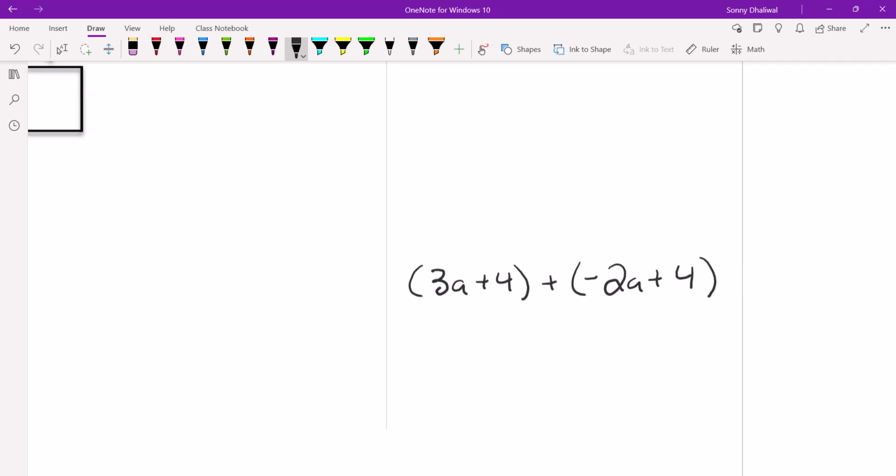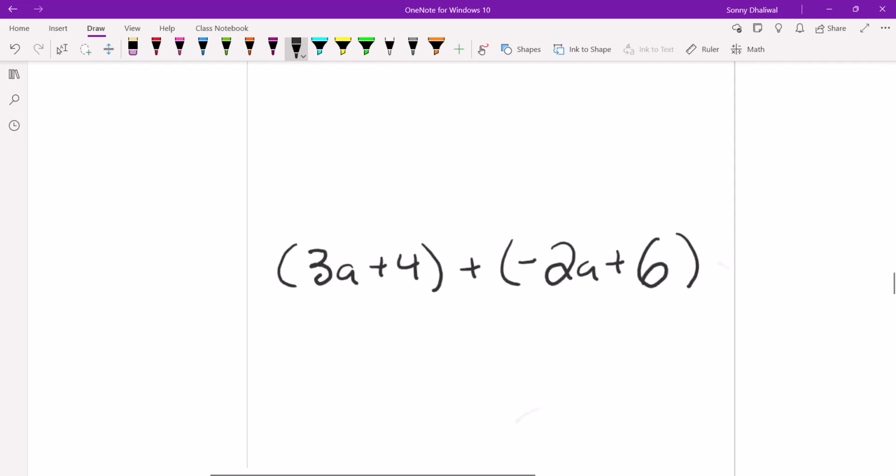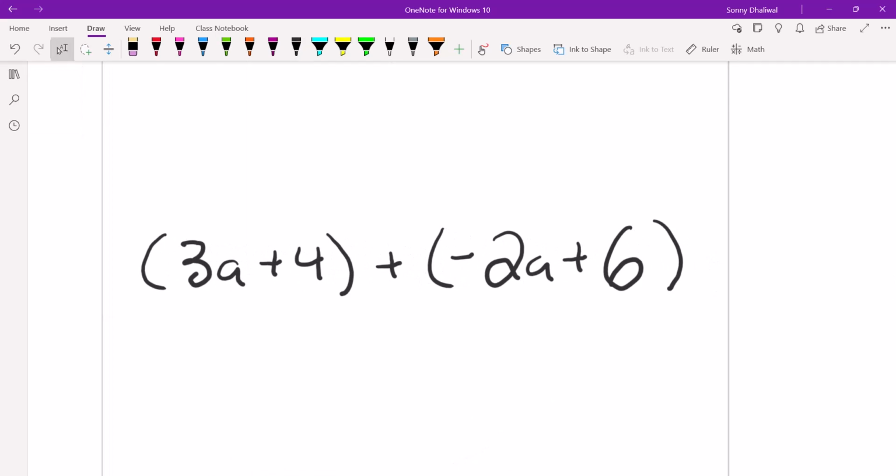Or let's change that to a 6, actually. I said, hey, if it's a plus sign, you don't need to change anything. Just add the a's together. 3a and negative 2a makes 1a. You add the numbers. 4 and 6 makes 10. We just ignored those brackets and did it like we did in the day 2 notes.